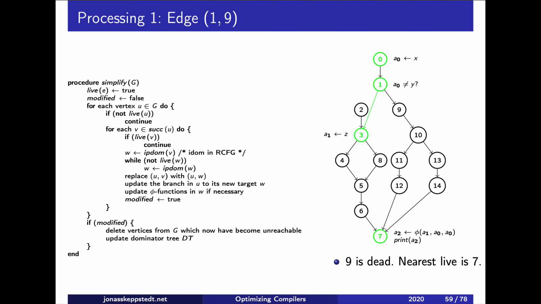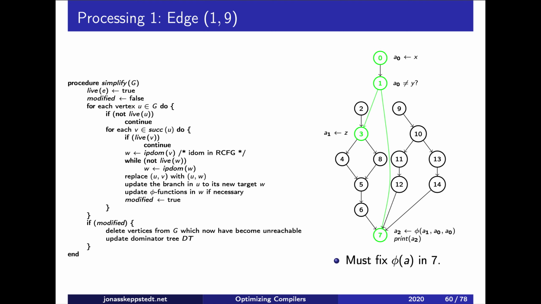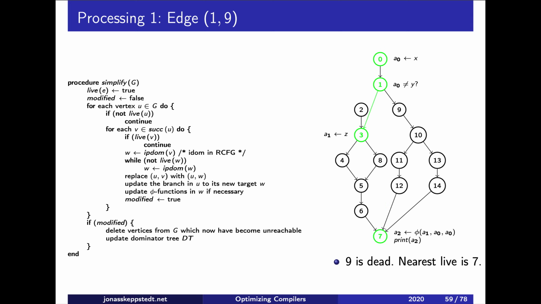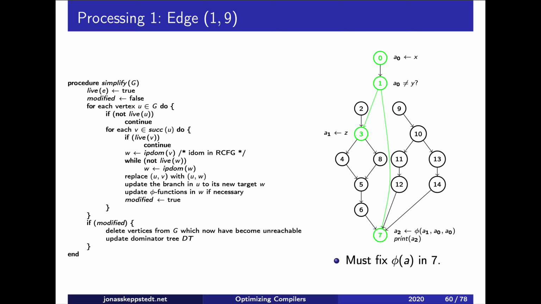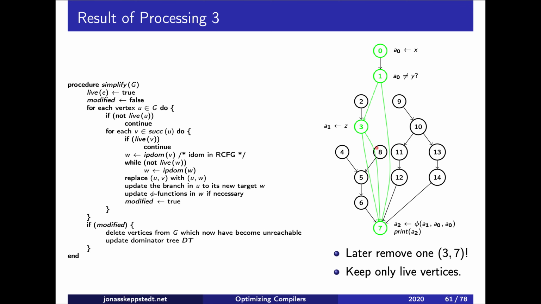We go there, and then the other one will go all the way directly to 7 instead of going to 9. And then for 3, both of its two successor vertices, 4 and 8, will end up in 7. And of course only one is needed.